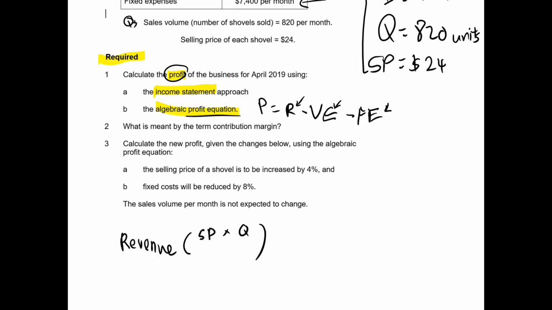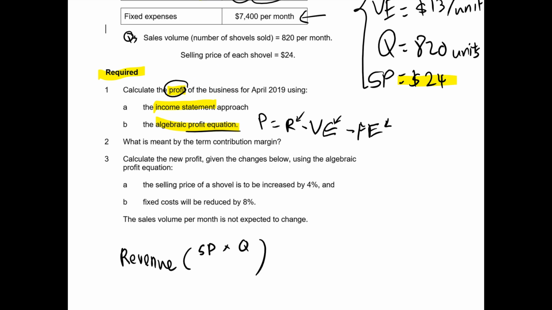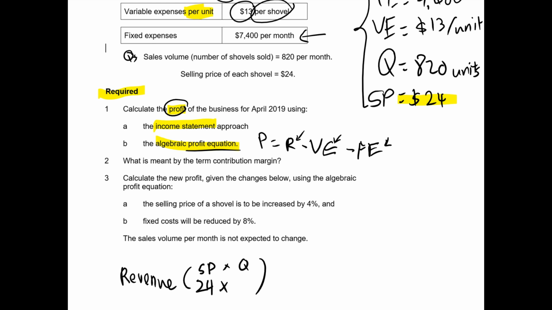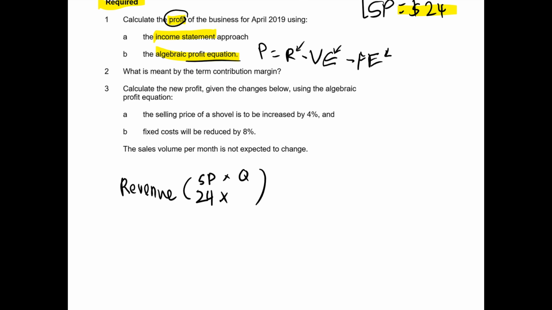Your selling price here is $24 per unit, times the quantity of 820. 24 times 820, you will get 19,680. So the first line in your income statement approach, for question 1A, is revenue.